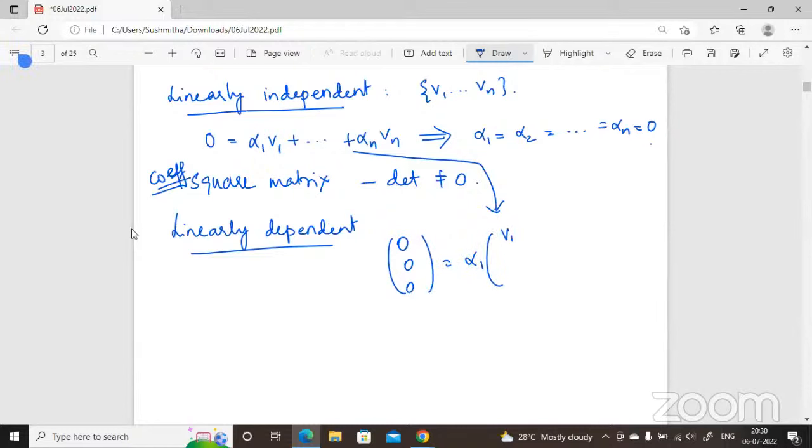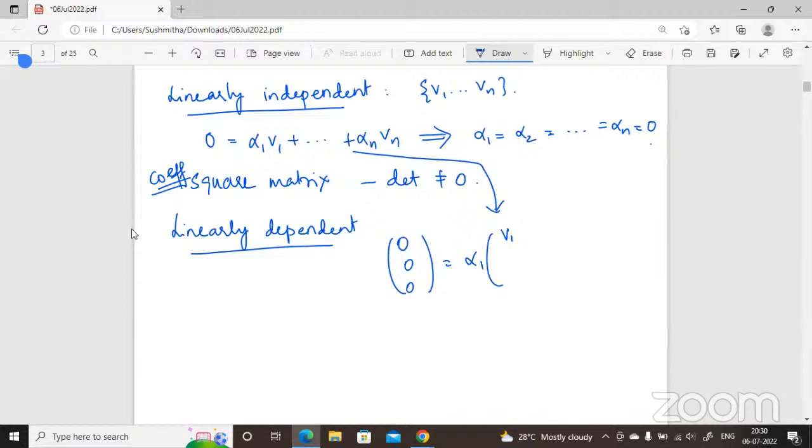Actually, I prefer to write them as columns. Ma'am, it's a square matrix, so it won't make any difference because we have to find the determinant. No, I think that was not the question. So the question was this: should we write the vectors as rows or columns?